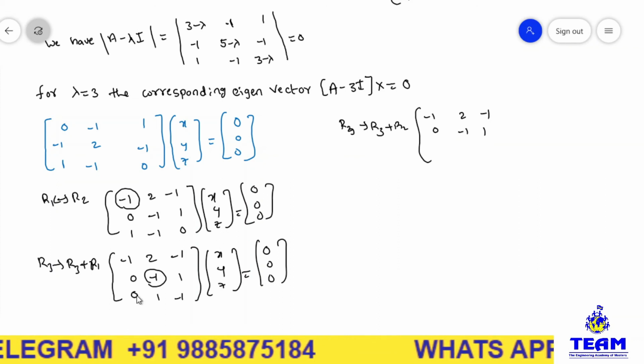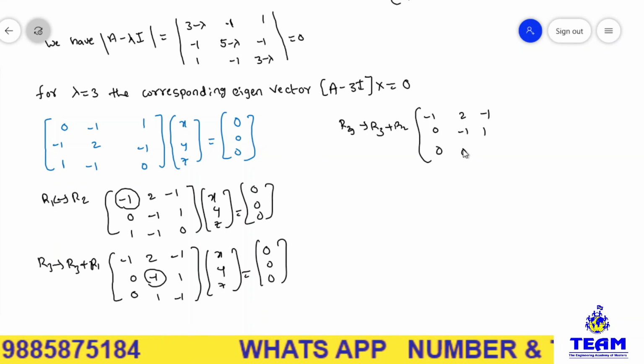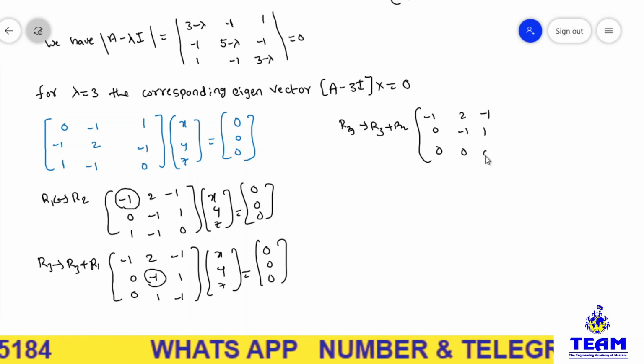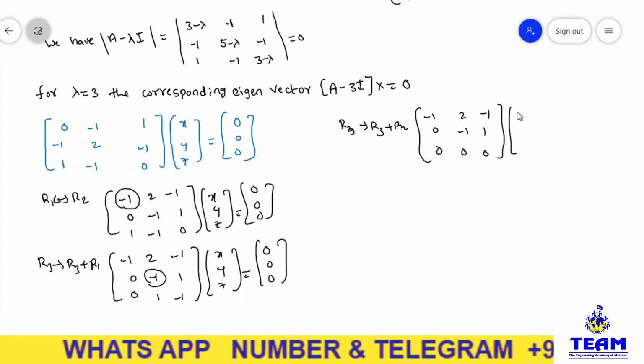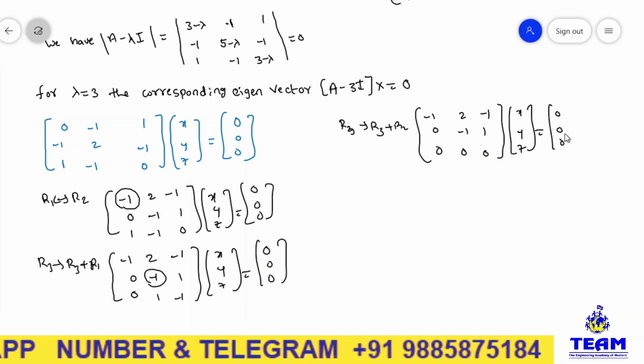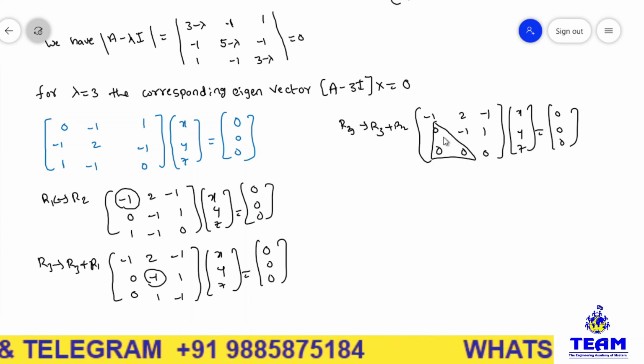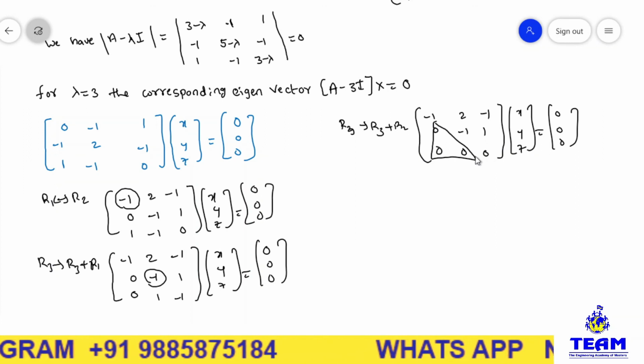So the third row is R3 plus R2: 0 plus 0 is 0, 1 minus 1 is 0, next, minus 1 plus 1 is 0, into x, y, z is equal to 0, 0, 0.